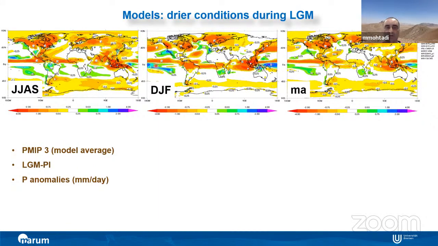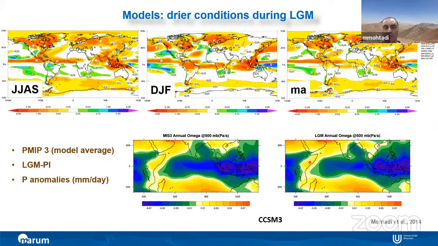These are 12 models, the PMIP3 models, that's the older generation of the models, showing for the maritime continent basically drier conditions during glacial periods, last glacial maximum in this case, regardless if you look at the mean annual conditions, December, January, February, or June, July, August, September, so the different monsoon systems. And this is simply because of the exposure of the shelves in the models. Whenever you turn water to land, it becomes dry.